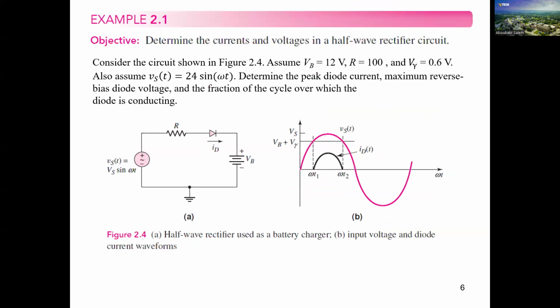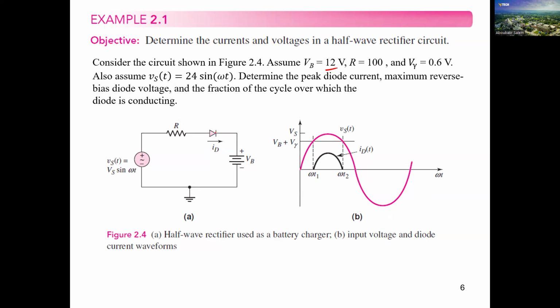Okay. In this example here, consider the circuit shown in this figure. Assume that VB equals 12 volts. So the supply volt, we have VB, which is the battery here, equals 12 volts. And we have a resistance of 100 ohms. This is our resistance here, 100 ohm.